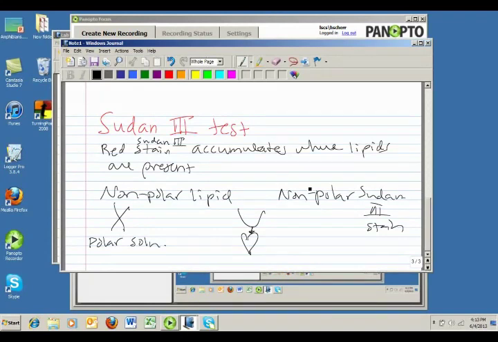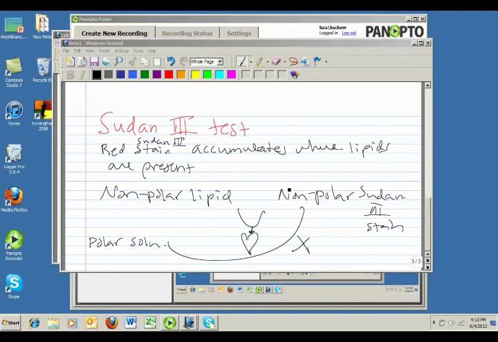Whereas with a lipid, which is a nonpolar substance, here, actually I want to draw it this way, you would have the lipid and the, well, I want to draw an angry face, but I don't know how to do that. So anyway, these guys don't get together. So the only way that you have the red accumulating is if you have lipids, which are nonpolar.